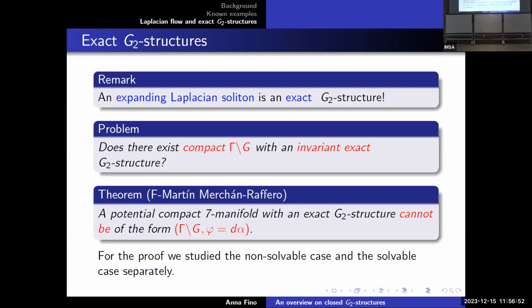And it turns out that you cannot have it, so it's a very strong restriction. The proof is done in the non-solvable case and the solvable case. Unfortunately, we do not have a proof that puts together the two cases. It would be nice to have, because maybe it would give a general picture of what is going on.